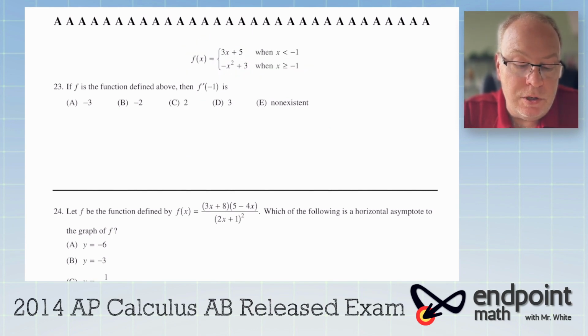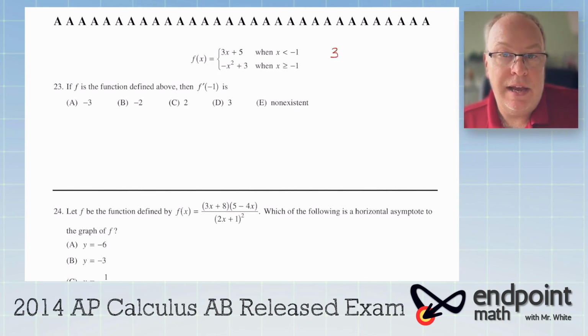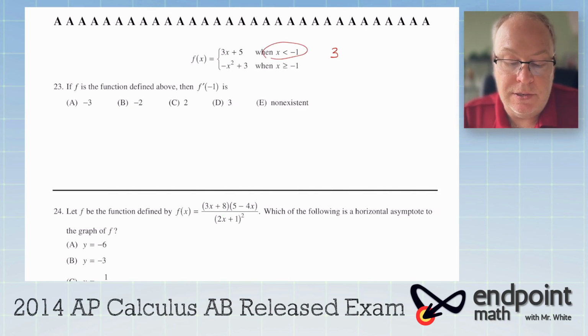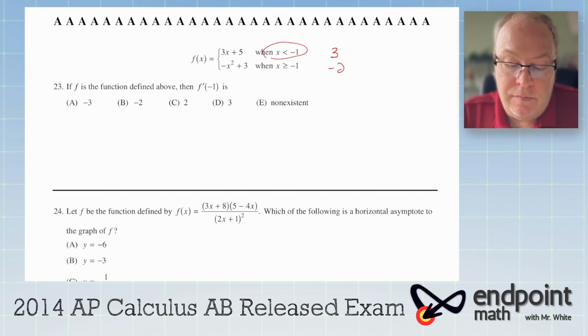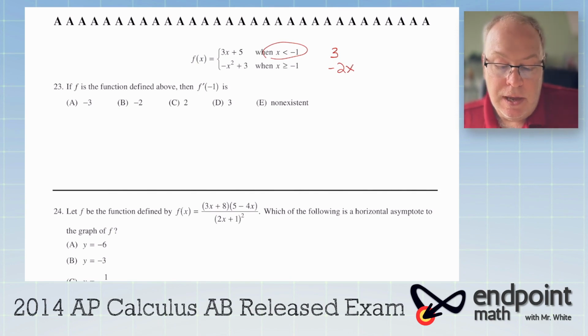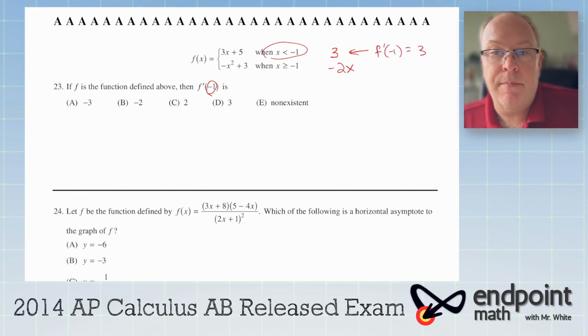So what I'm going to do, let me switch back to red here for you, I'm going to find the derivative of that left-hand region. It's the left because x is less than -1. And then on the right, the derivative would be -2x. Then I'm going to plug the -1 into both of those. So f prime of -1 would be 3, coming from the left.